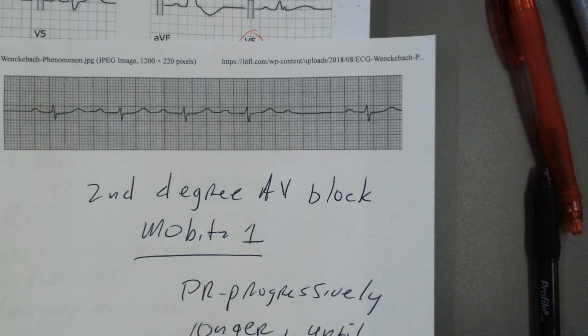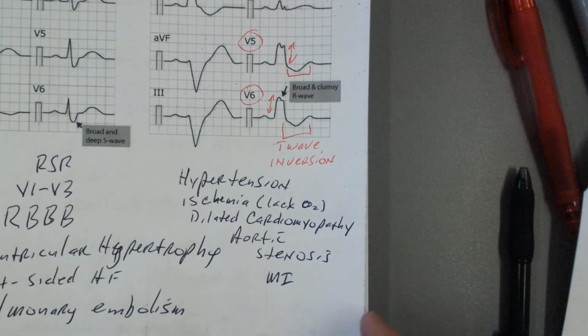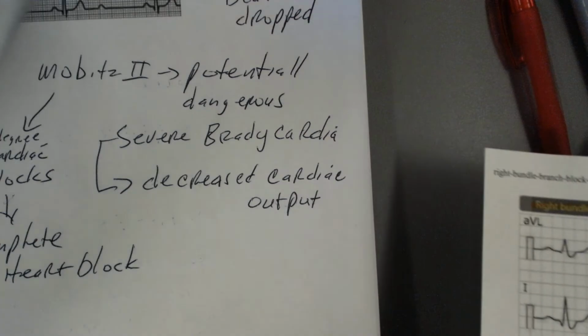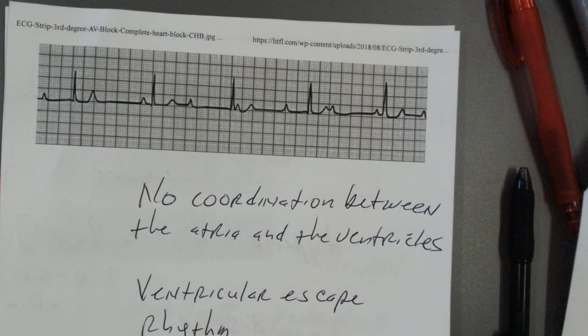Mobitz 1 is characterized by a progressively longer PR interval followed by a drop beat. Your Mobitz 2, you have a normal PR interval followed by a sudden drop beat. And in the type 3, you don't have any relationship between the top and the bottom of the heart.